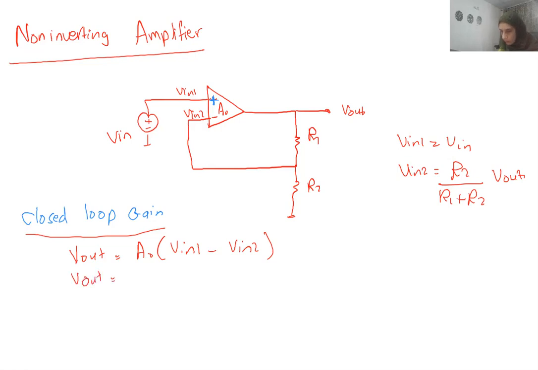So we have V out equals A0 times Vn minus R2 over R1 plus R2 times V out.